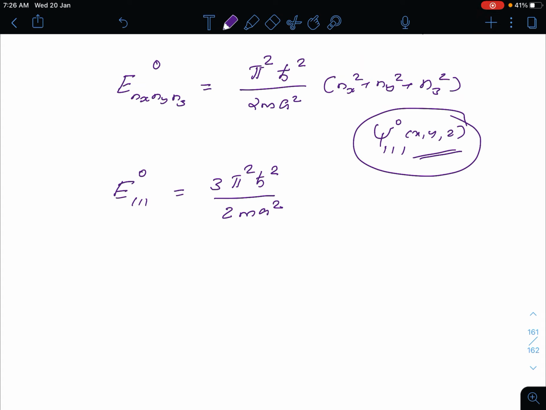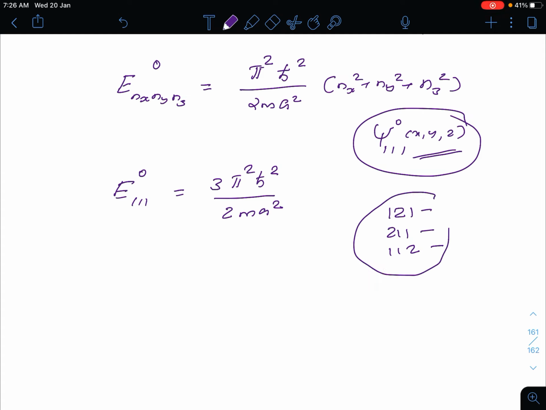That can be 121 or 211 or 112, because all of these have the same energy. 1 square plus 2 square plus 1 square is 6, 2 square plus 1 square plus 1 square is also 6, and this also is 6.